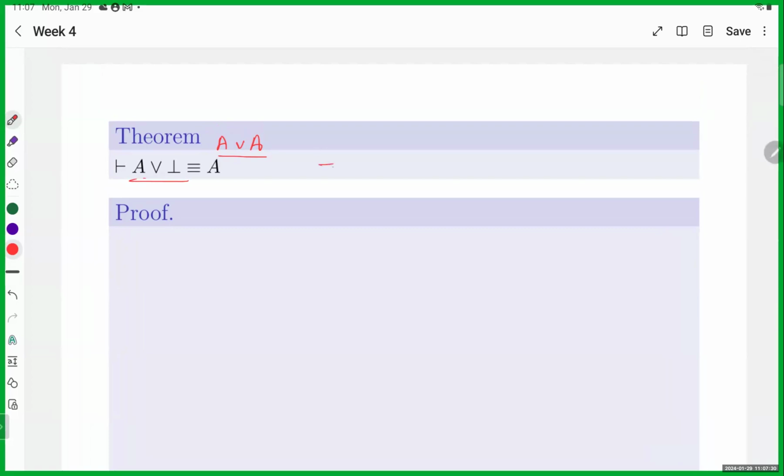No, sorry, A or bottom is equivalent to A, and then this is going to be negation of A. So I get A or negation of A, which is an axiom. That's the strategy. It makes sense. So let's write this down.